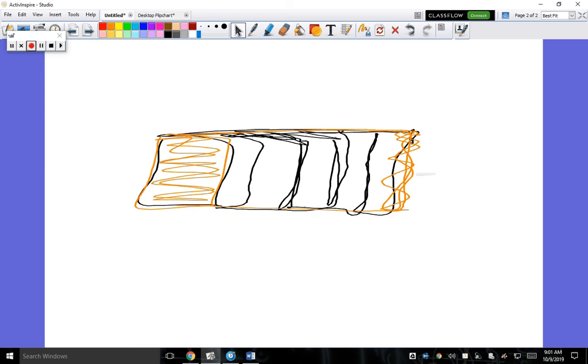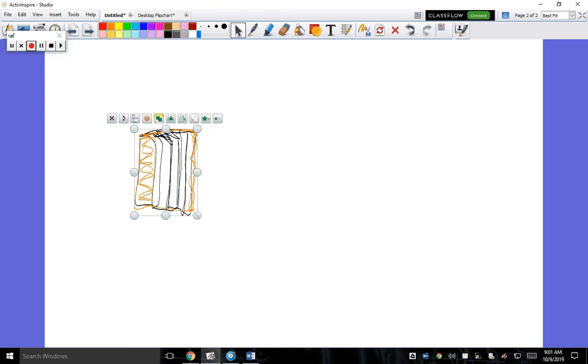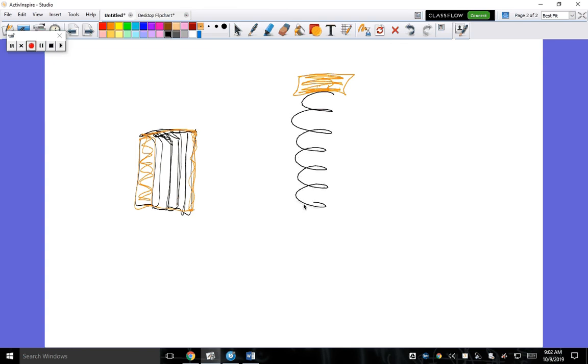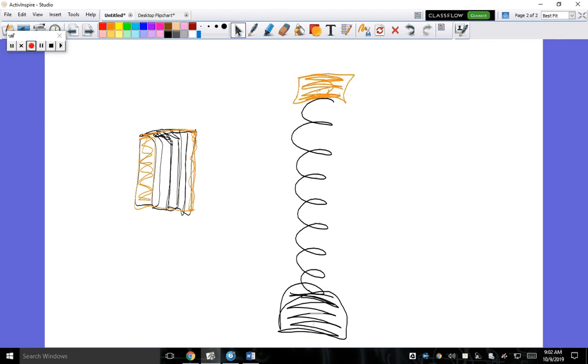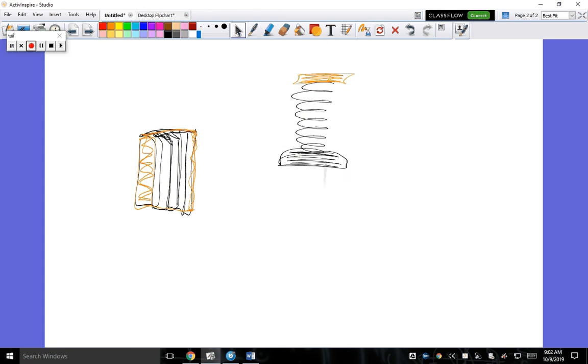And when you're compressing it, you're just squeezing that accordion in. You with me? All right, so there's thinking of compressions versus stretches. Or a slinky as well. So let's say that you had a weight at the end and a vertical stretch would be this. A vertical compression would be that.